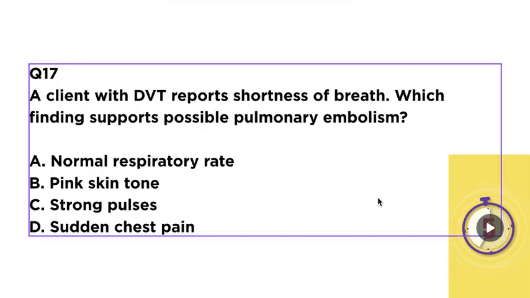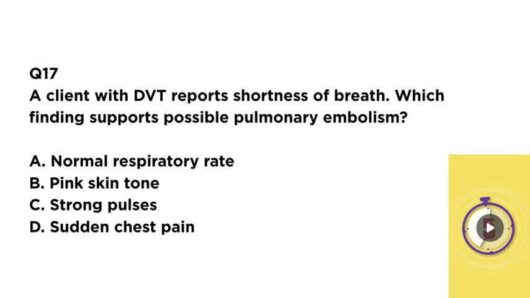Question 17. A client with DVT reports shortness of breath. Which finding supports possible PE, or pulmonary embolism? Okay, correct answer, letter D. Sudden chest pain with dyspnea is classic for pulmonary embolism.